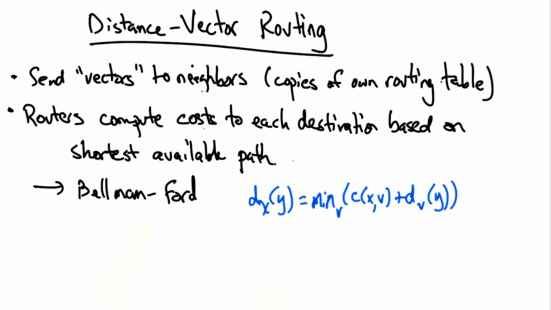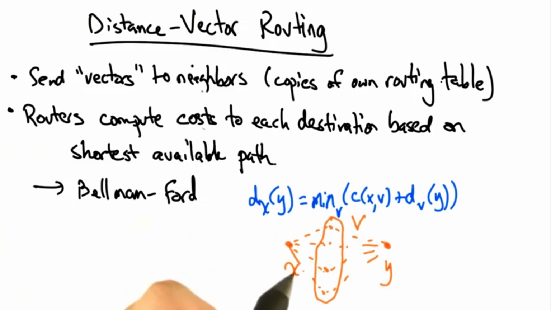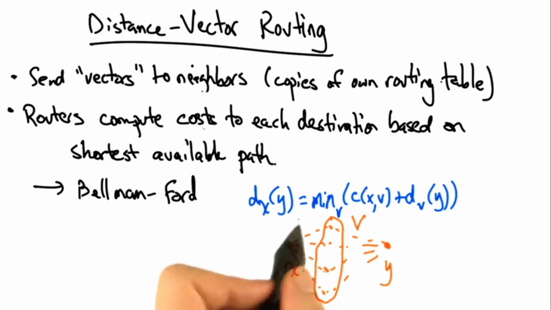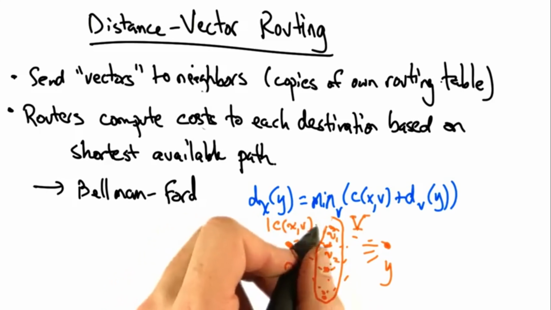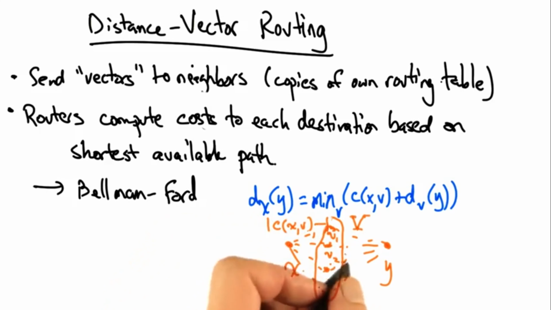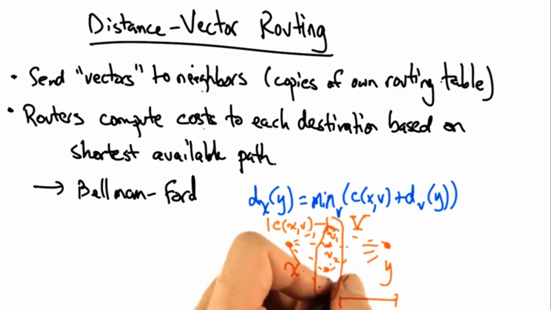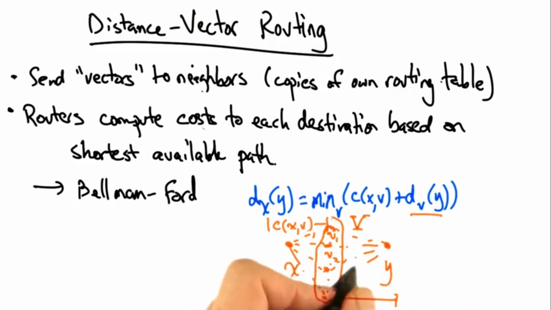Suppose that node X is trying to find a shortest cost route to node Y. In this case, node X is trying to find a path through some intermediate node, V, that minimizes the cost between X and V, and the already known shortest cost path between V and Y.